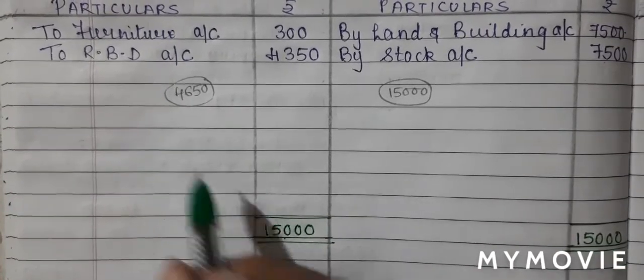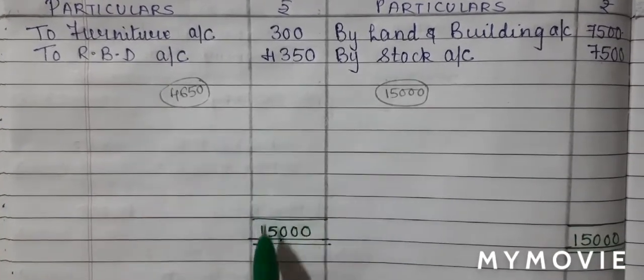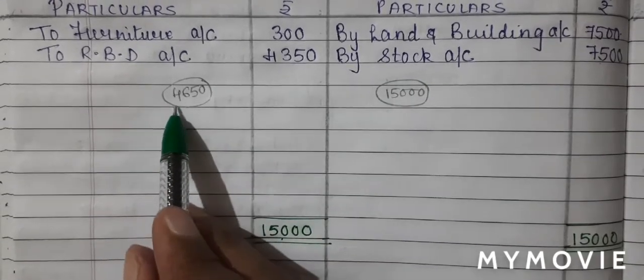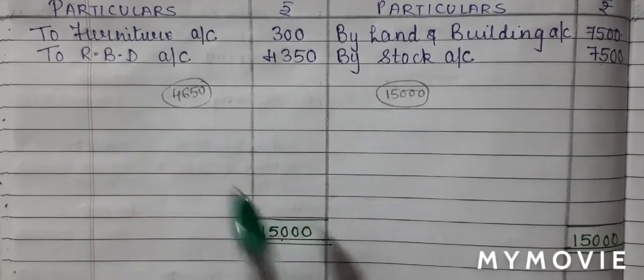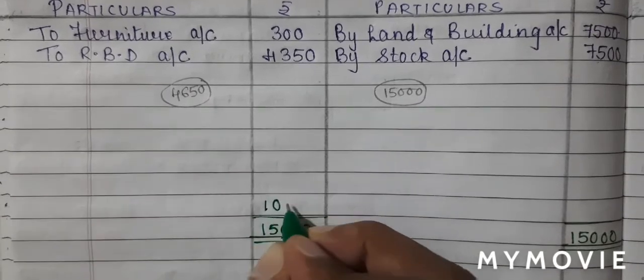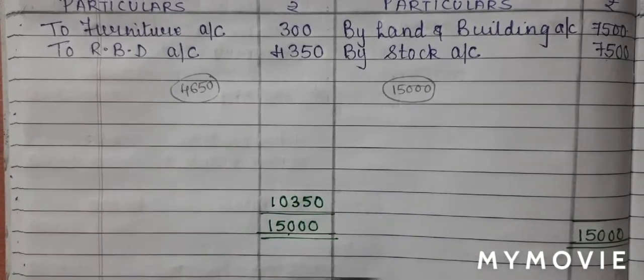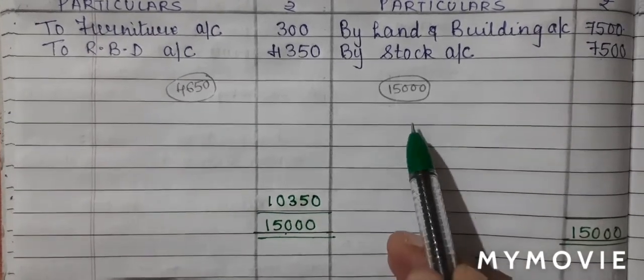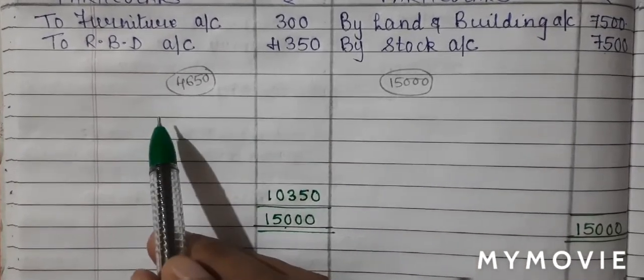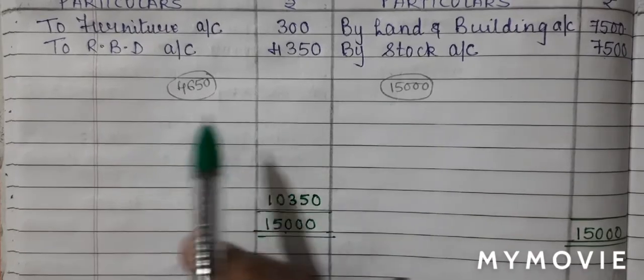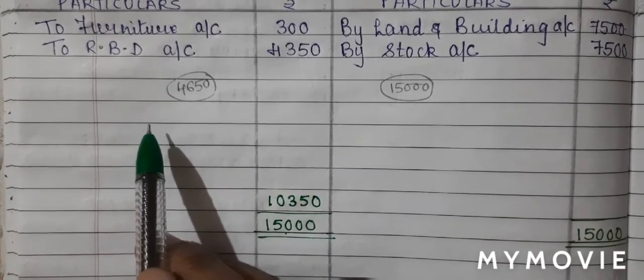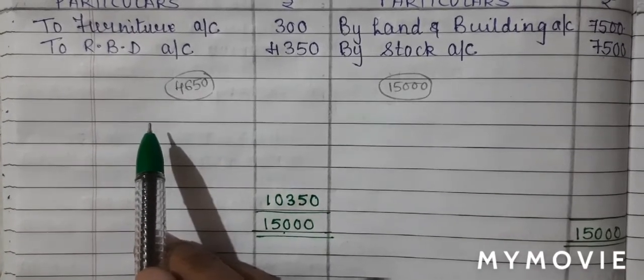From the bigger total, I will minus the smaller total. So 15,000 minus 4,650. I get a balance of 10,350, which I will write on top. Now if you see students, income is more than expense. When income is more than expense, which means my business has made a profit.